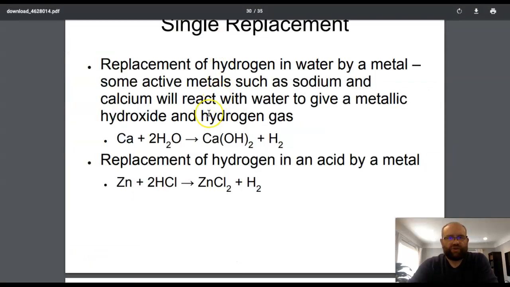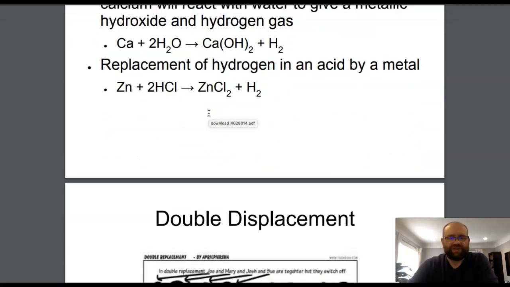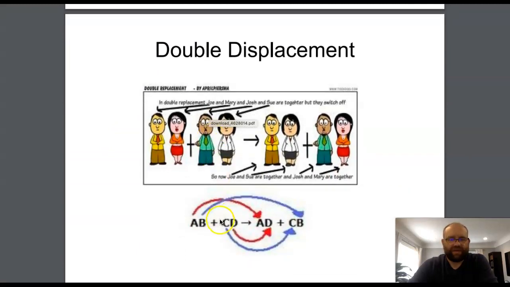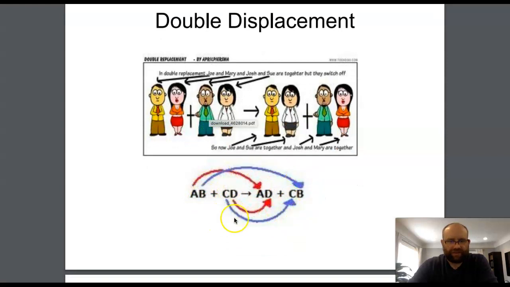Okay, back to after single replacement or displacement, we have double displacement. The general formula here is AB plus CD yields AD plus CB. This is kind of similar to when you FOIL, inner combining and then outer combining.